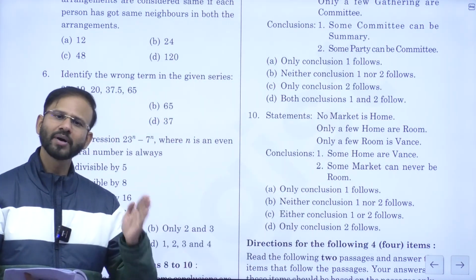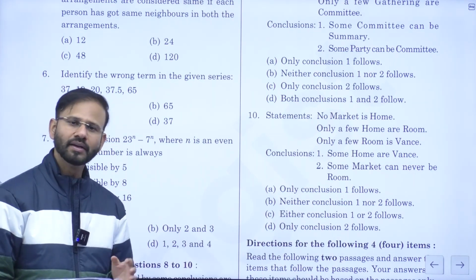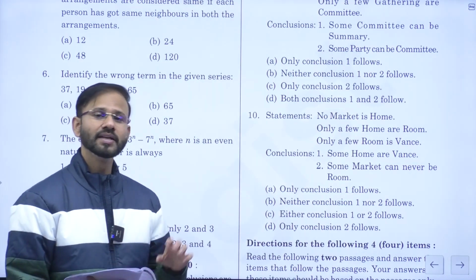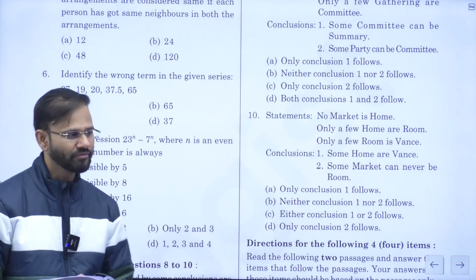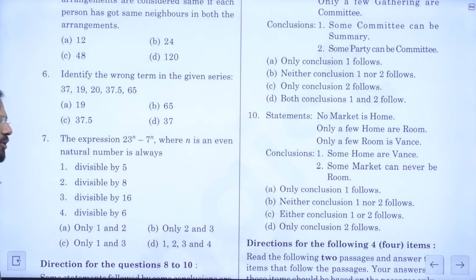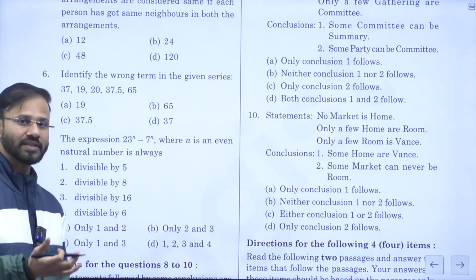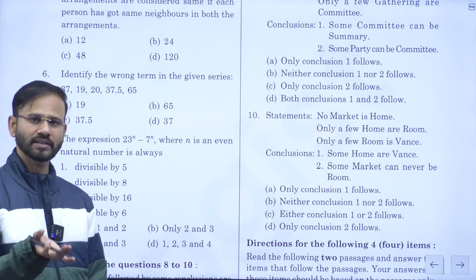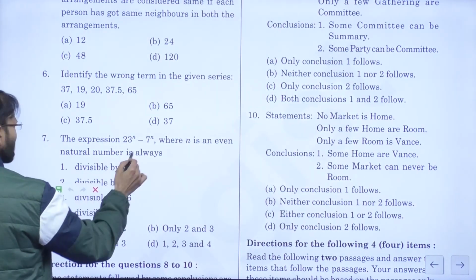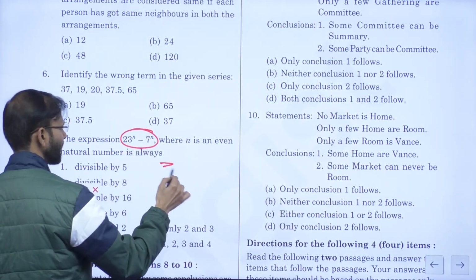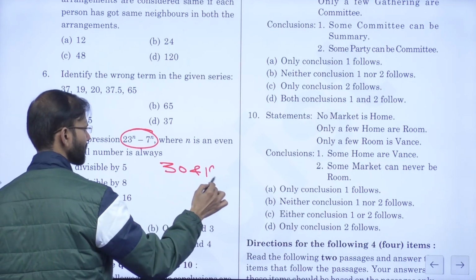I repeat, a to the power n minus b to the power n, where n is even, is always divisible by a minus b and a plus b both. Fine. So the answer will be 23 minus 7 and 23 plus 7. So this is 16 and 30. This number will be divisible by 30 and 16 both.